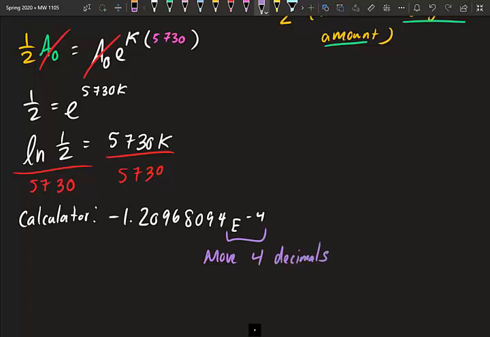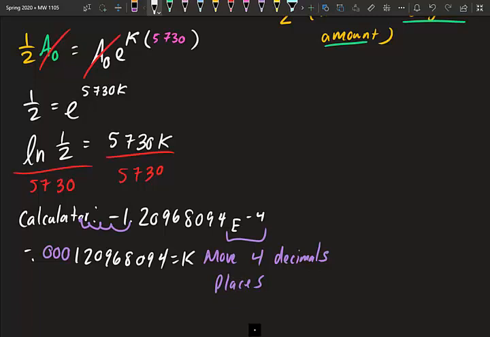So you move 4 decimal places, 1, 2, 3, 4. That means we have 3 zeros now, because we only moved it 1, 2, 3, 4. So that's why you have 3 zeros, because then we have 120968094. And that's our constant.